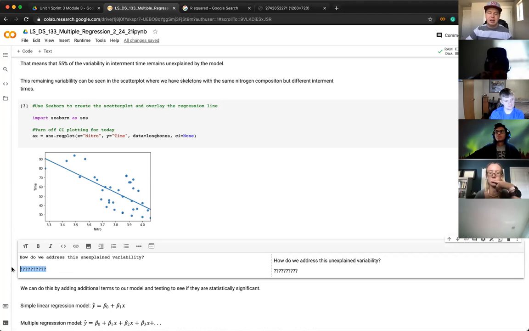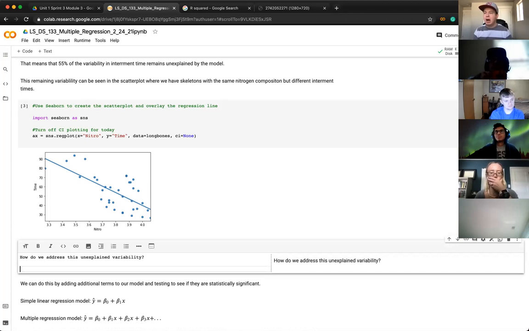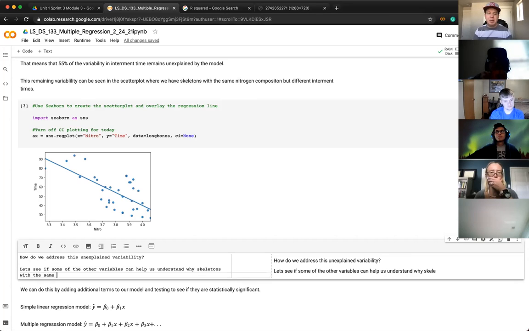Well, in ways I've already alluded to, let's see if some of the other variables can help us understand why skeletons with the same nitrogen composition have different interment times, okay?